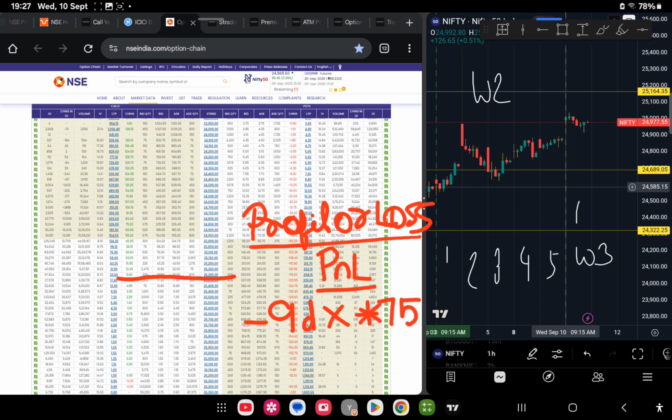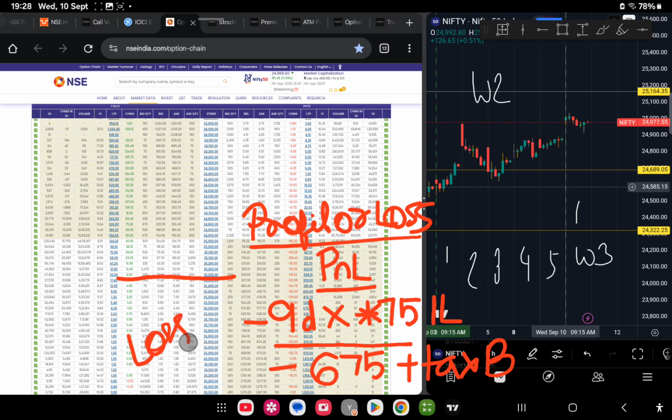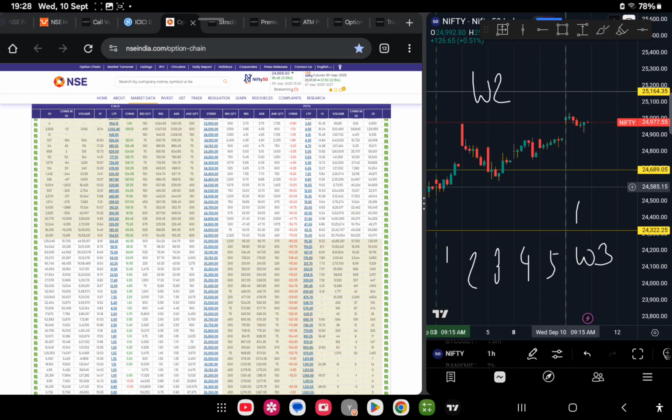So we have to do multiplication, 1 lot. The answer is 675, plus tax and brokerage. It was a minus, so it's a loss-making trade for the 300 strike for one leg. You can take multiple legs and experiment by yourself.